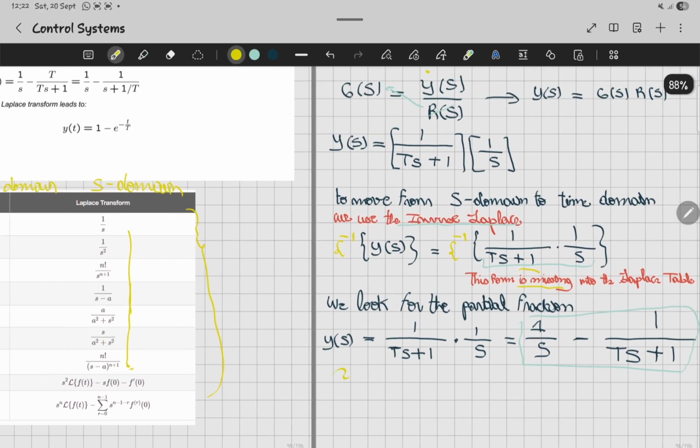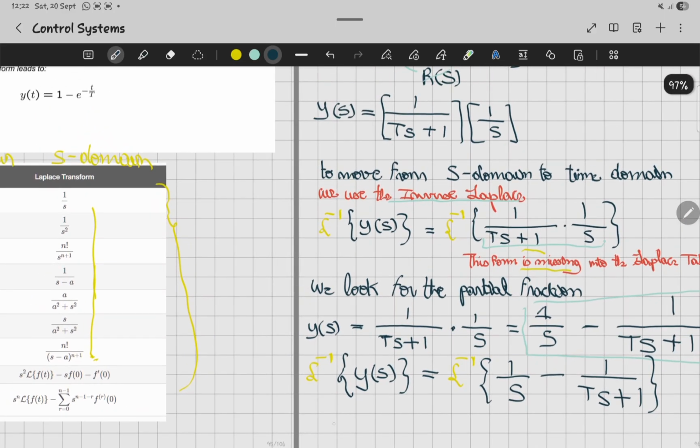So we were tasked to find the inverse Laplace of Y(s) that you see there. So in order to obtain the inverse Laplace, we're gonna take the partial fraction since it's just the same. Okay, and we should be able to get y(t).